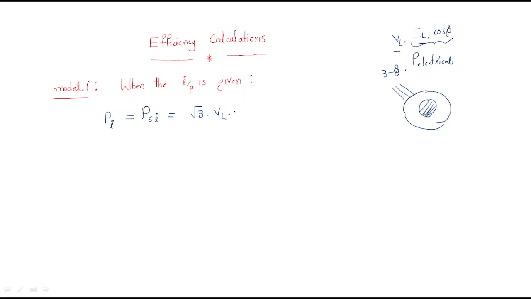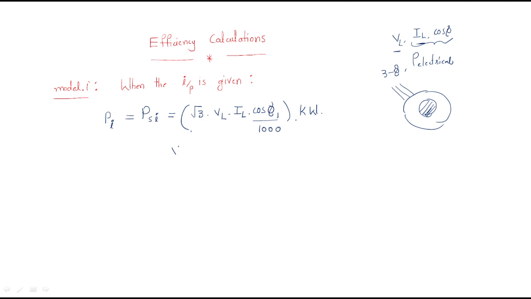Then the stator input I will write like this: the stator input is root 3 times the line voltage and line current into cos phi 1, divided by 1000, then it becomes kilowatts.